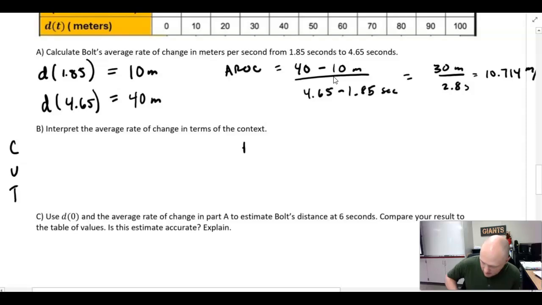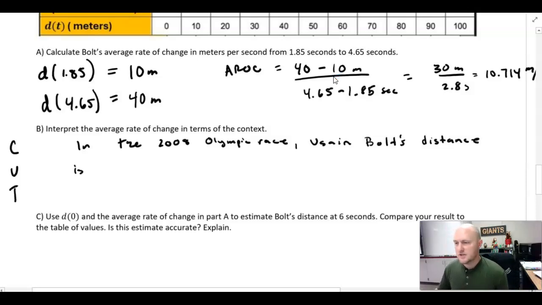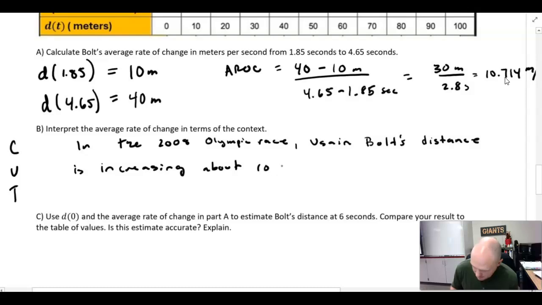So we could say: in the 2008 Olympic race, Usain Bolt's distance is increasing about 10.714 meters per second.